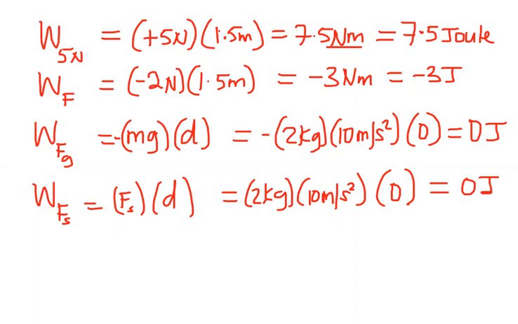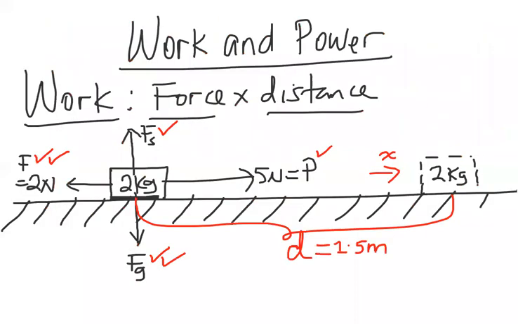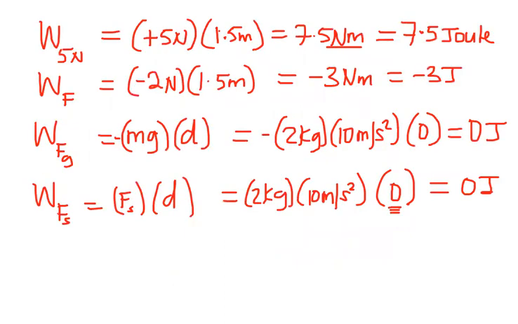Remember, we are saying that displacement is 0 because the force is acting upward. We are talking about this force here. This force is acting upward, and there's no displacement along that direction of the force. And for that reason, our displacement will be 0 and our work is 0.